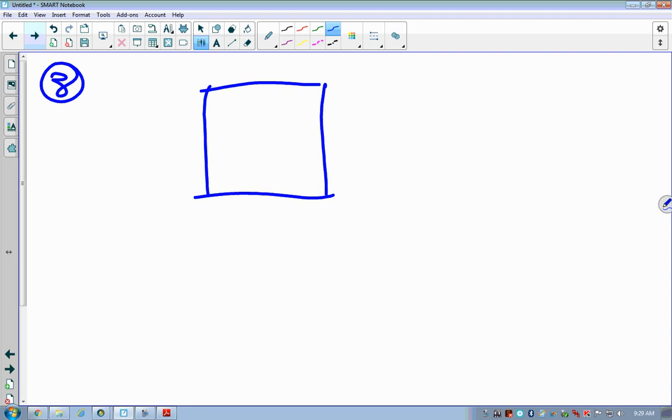What could I use whenever I don't know what something is? X. Okay, but it's a square tile, right? How do I find the area of a square? Side squared. Okay, yes, it is base times height, but the base here is x, and the height is going to be what? X.